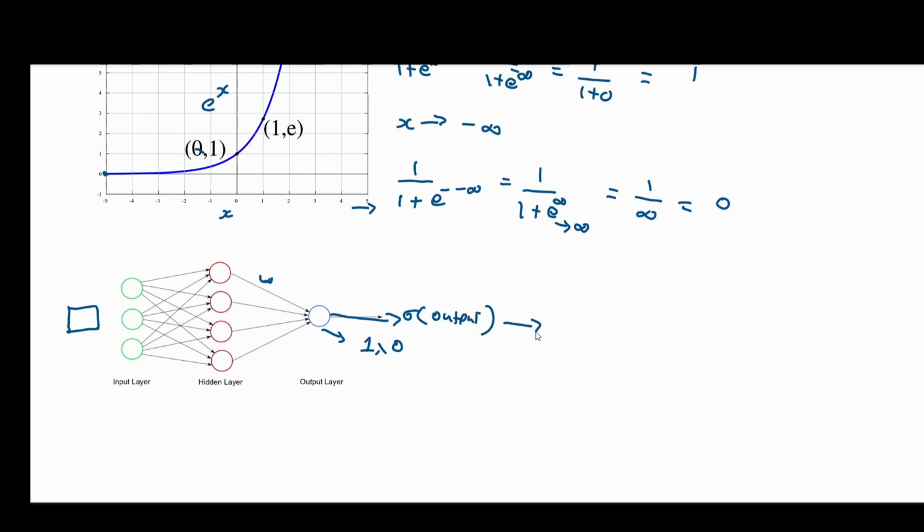That will give you the probabilistic value, or a value between 0 and 1. So if you think about it, given any input, you can map the input to an output through a sigmoid function.